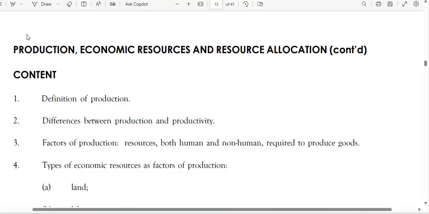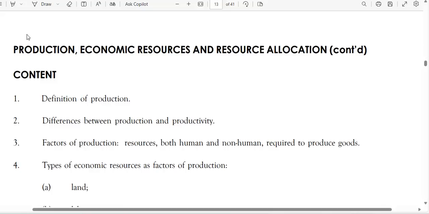Labor includes skilled workers, for example teachers, doctors, etc. Unskilled workers, cleaners, construction laborers, etc. Mental labor, like the planners, the designers, the accountants, and physical labor, the farmers, the factory workers, the carpenters. These human resources are essential for turning raw materials, for example land, and tools, for example capital, into finished products.